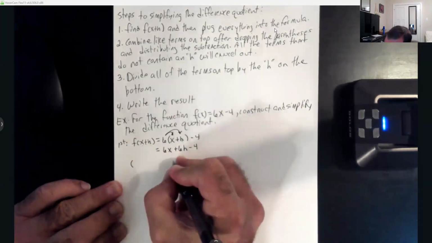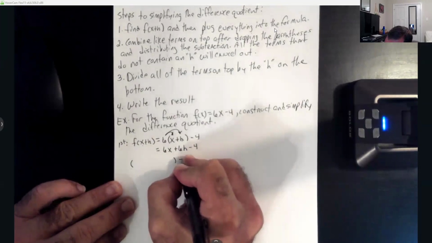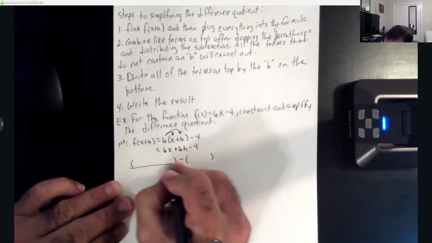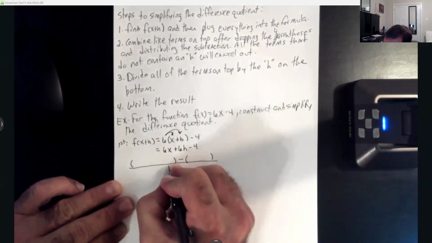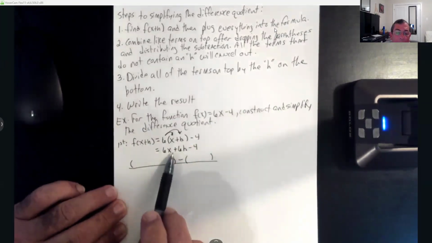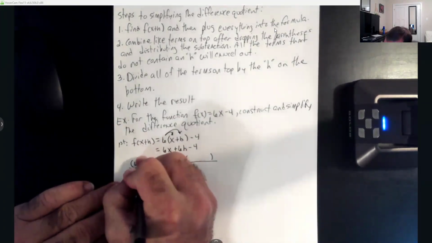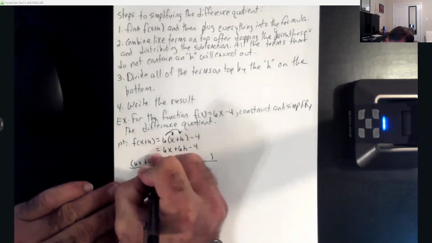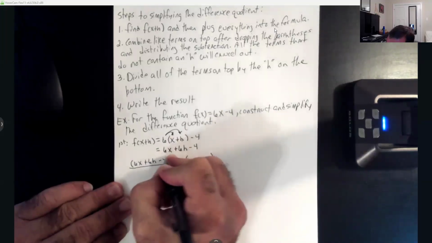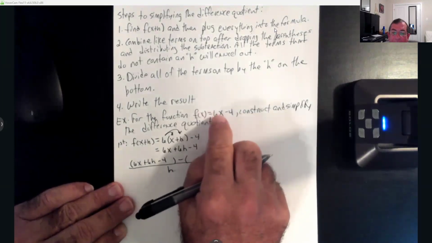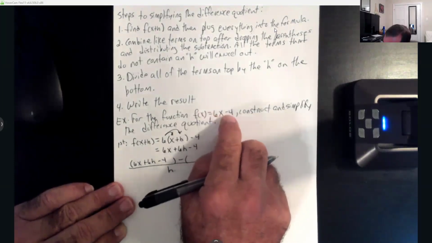So I'm going to put my f of x plus h minus my f of x, and then we'll divide that by the h. All right, so f of x plus h was this, 6x plus 6h minus 4. f of x was what they gave me, 6x minus 4.